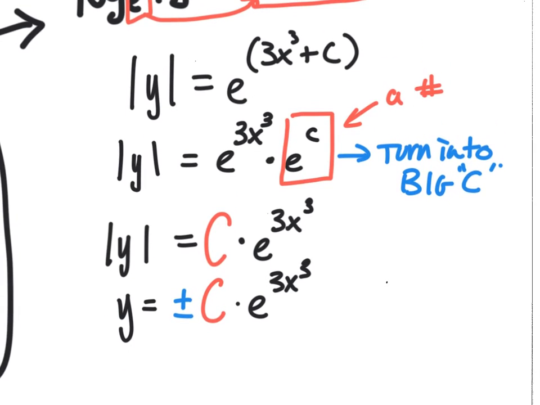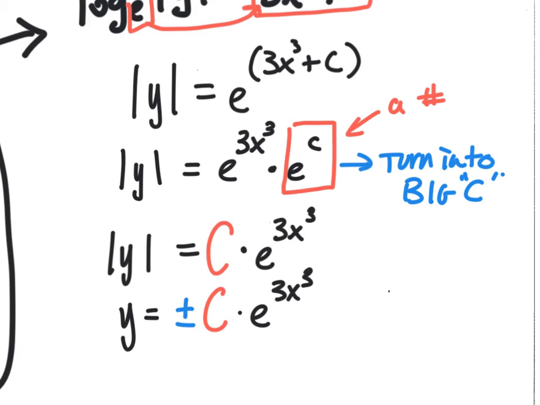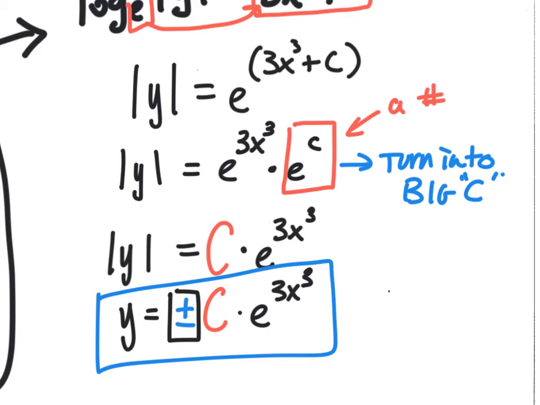And now what I want to do is that my arbitrary constant now is C. Now what I can do is I can plug in my value for y and my value for x and solve for C. But here's the deal. We have to figure out which one of these we're going to use, okay? And by the way, this whole thing here is our general solution, okay? This is my general solution.